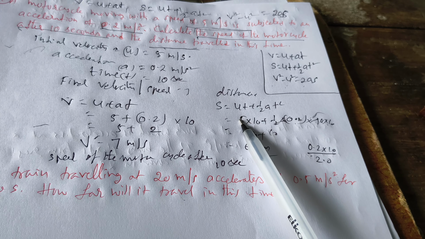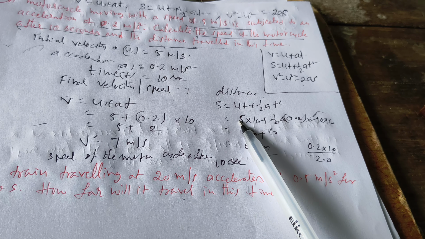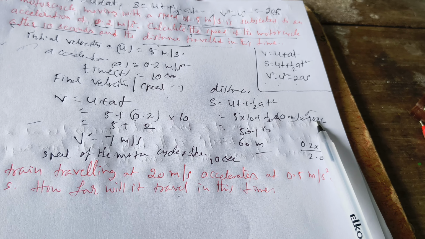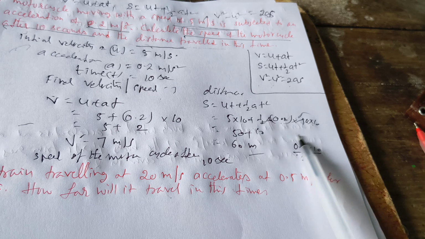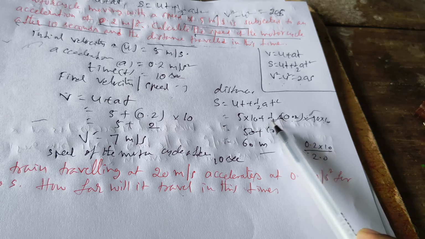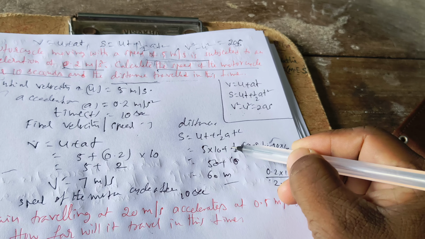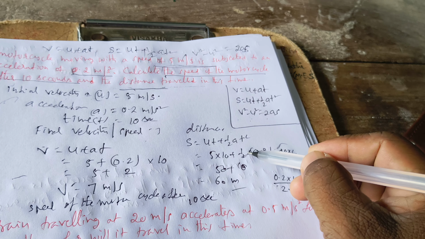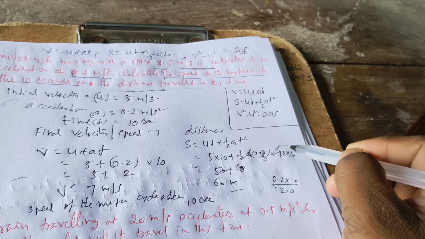Initial speed 5, time 10 seconds, plus 1 by 2, acceleration 0.2, t square means 10 into 10. Simplification is our wish, but we should write the correct value. So 5 into 10 plus 1 by 2 into 0.2 into 10 into 10.